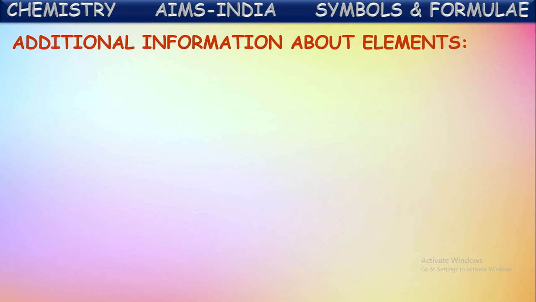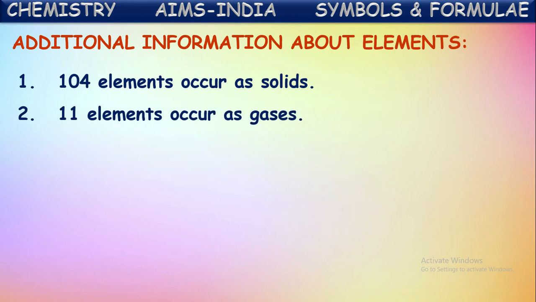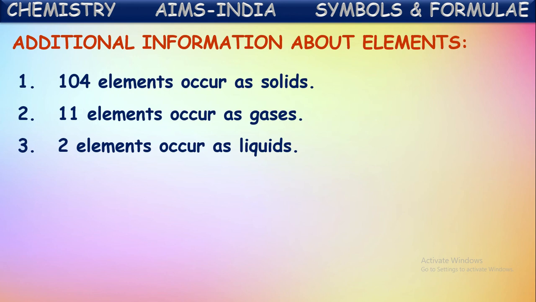Let us see some more information about the elements. We know till now scientists have discovered 118 elements. Out of these 118 elements, 104 elements occur as solids, 11 elements exist as gases, and two elements exist in the liquid state.